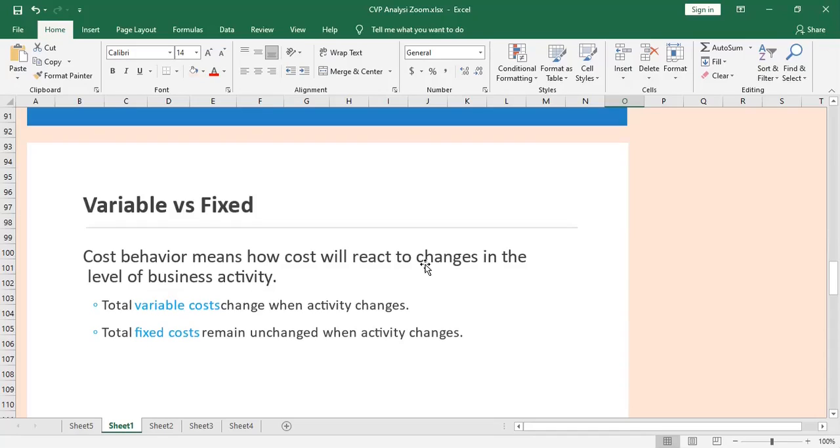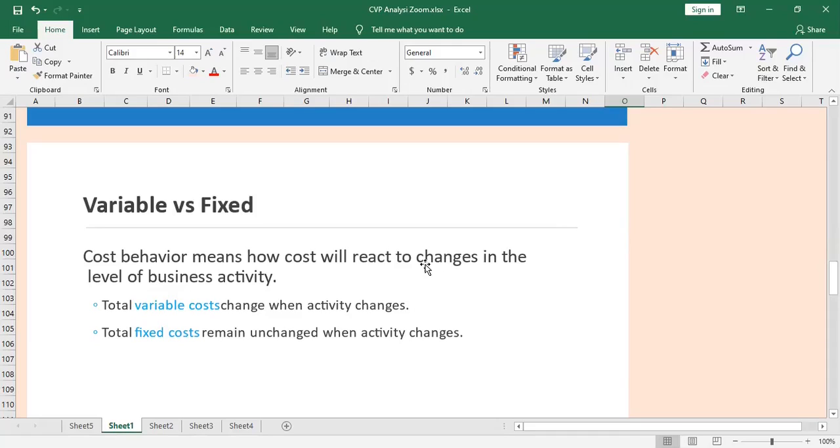But if you need to go beyond that 100, let's say you want to register 102 students, then that certain level of activity range will not hold, because we can only accommodate 100 students within the hall. If you want to accommodate more than that, then you will have to move to another hall which is bigger than this one. So then your fixed cost might change, because when you go for a bigger hall, obviously you will have to pay more for that hall, right?